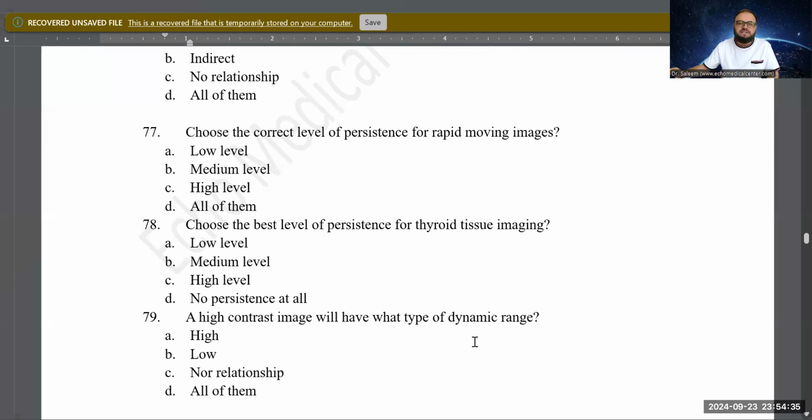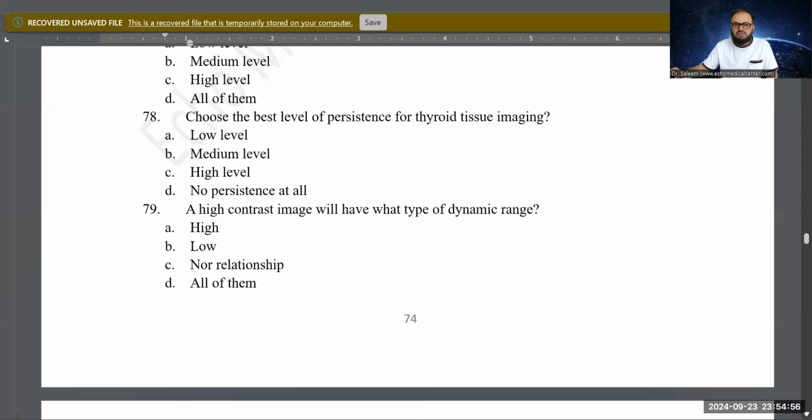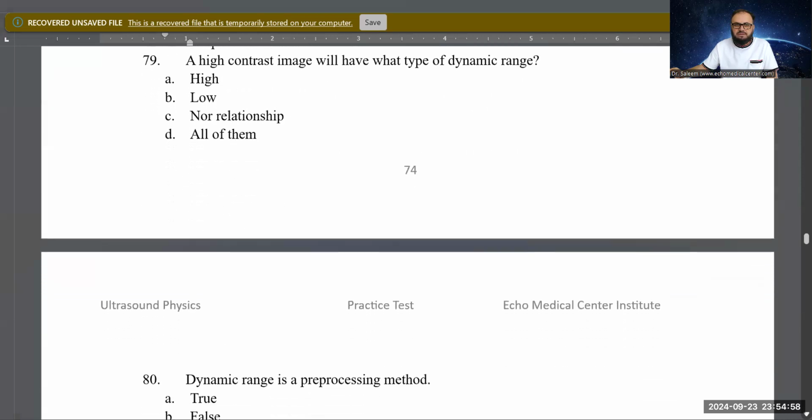When you decrease dynamic range, because dynamic range goes by percentage, if you decrease that percentage, the image will become very bright and very dark. So the low level echoes will not be in the picture. So B is the correct answer. Correct. Okay, let's do the last question of this session.